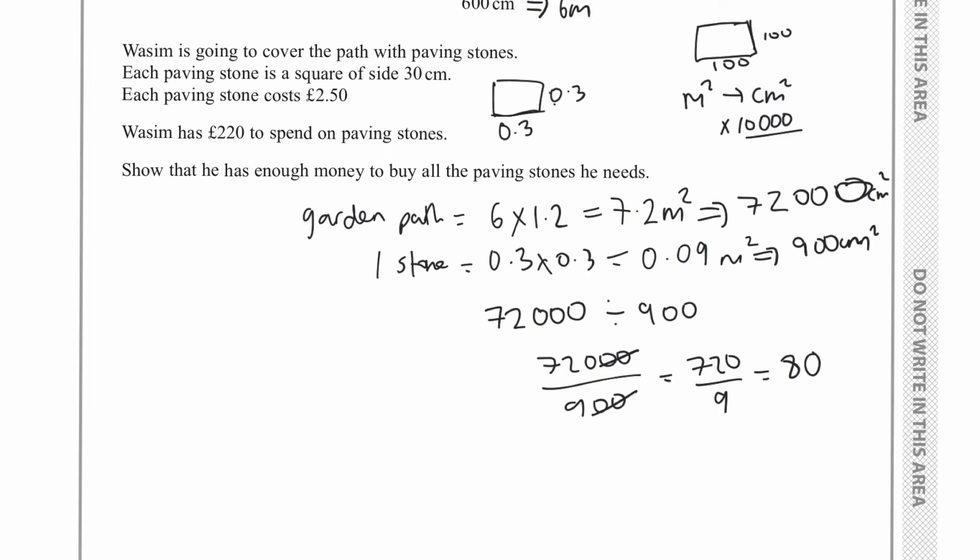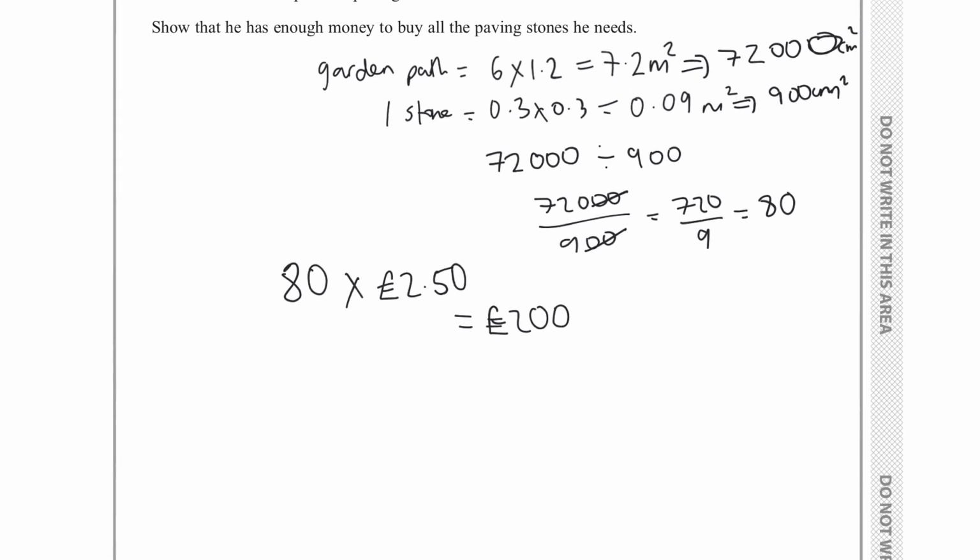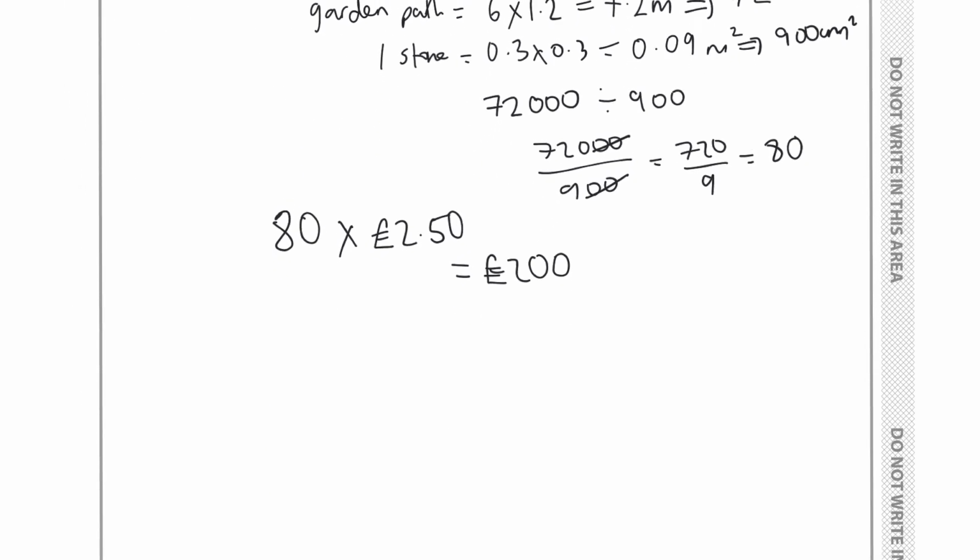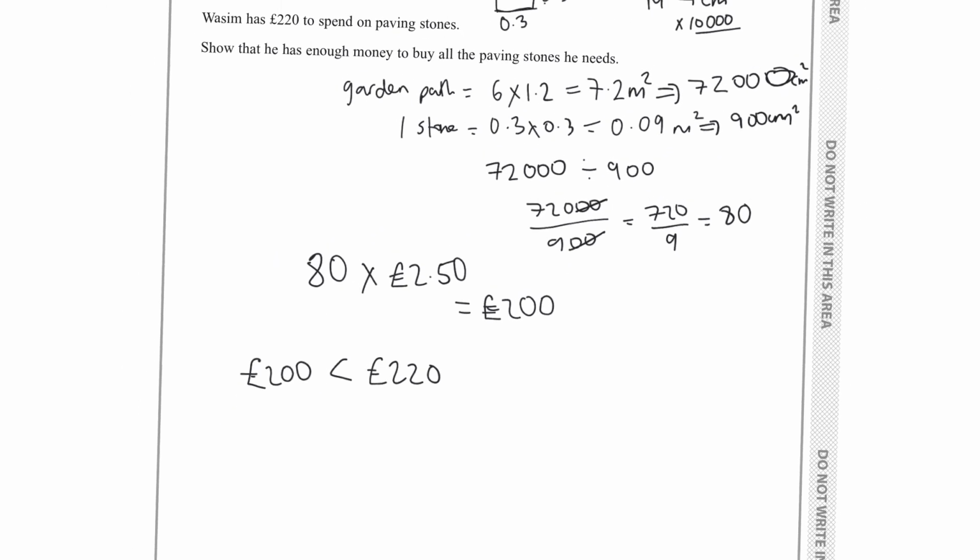So we now need to do the total stones he needs times by the price of one stone, which is £2.50. So you're going to end up doing £2.50 times 80, which would leave you an answer of 200. So we know he only needs a budget of £200, and therefore he does have enough money. So you could say something along the lines of 200 is less than 220, because that's how much he needs.